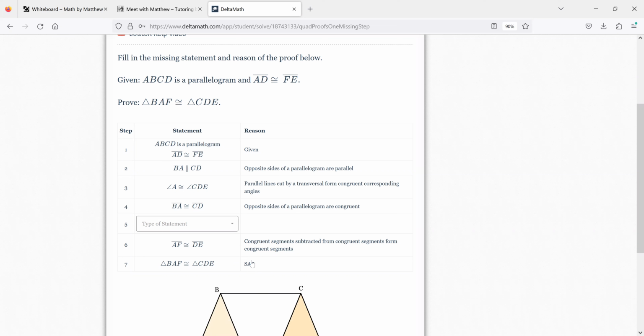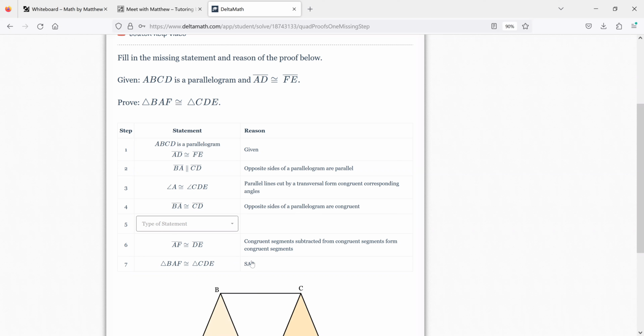So this one must be an angle because we're missing the angle. Okay. So we want to prove that triangle BAF is congruent to CED through side angle side. We know that AF is congruent to DE, and BA is congruent to CE. So we want the angle between those two sides.